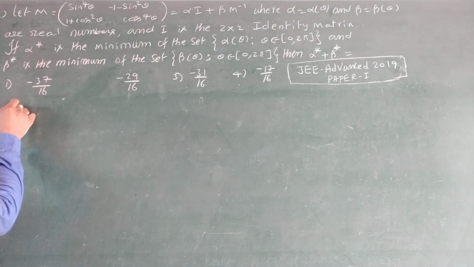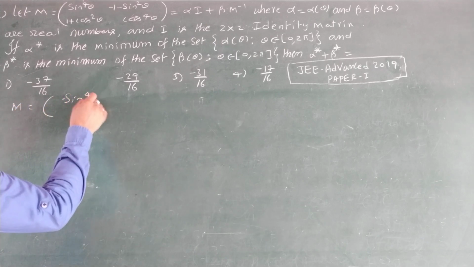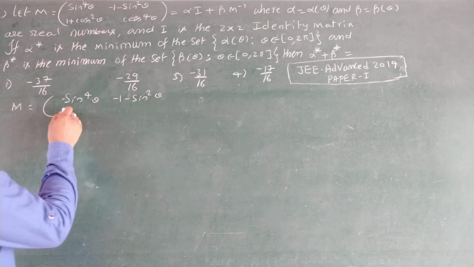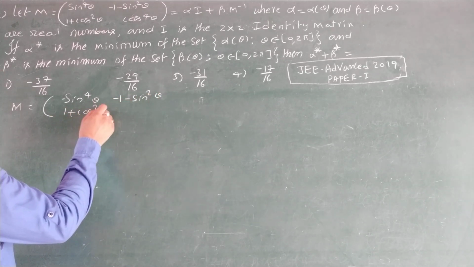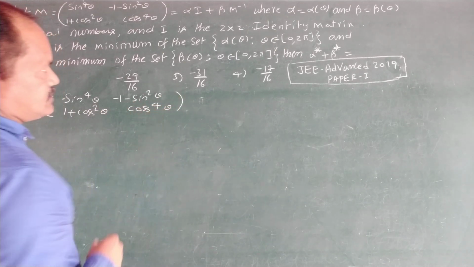Take the matrix relation, that is M is [sin^4 θ, −1 − sin^2 θ; 1 + cos^2 θ, cos^4 θ]. That's all.